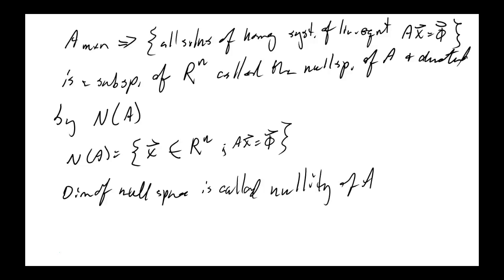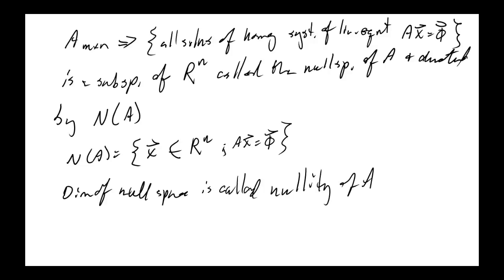It's the set of all solutions of the homogeneous system of linear equations AX equals 0. It's a subspace of Rn because it has n entries in it. It's called the null space of A, and is denoted by N(A).